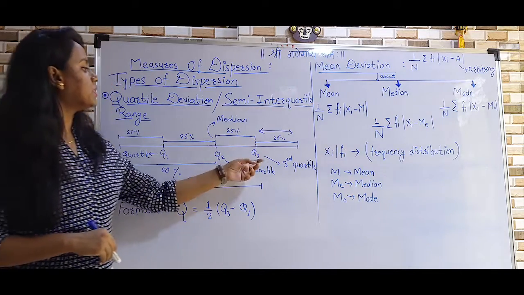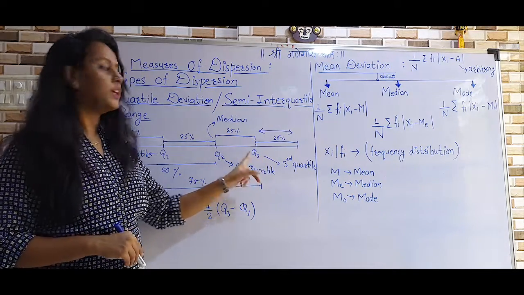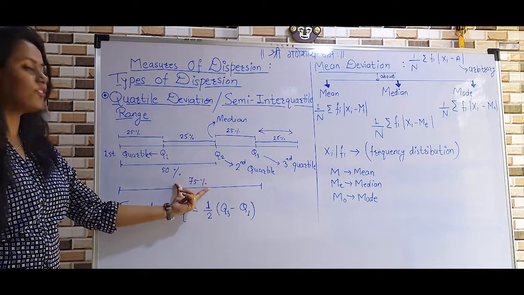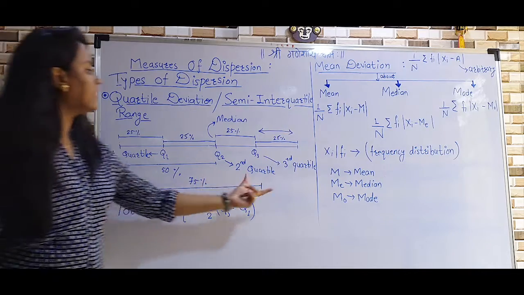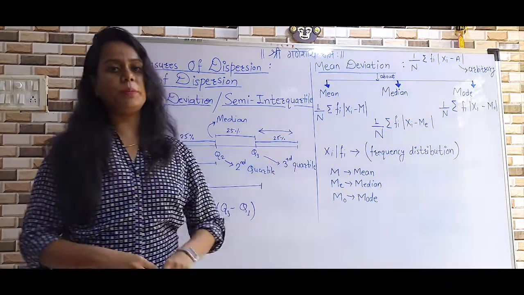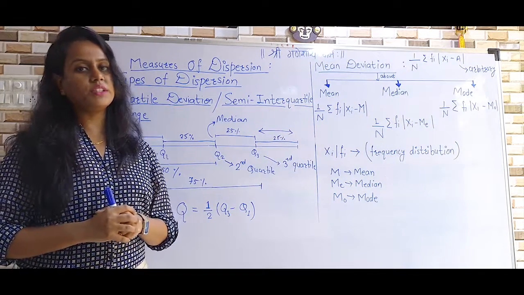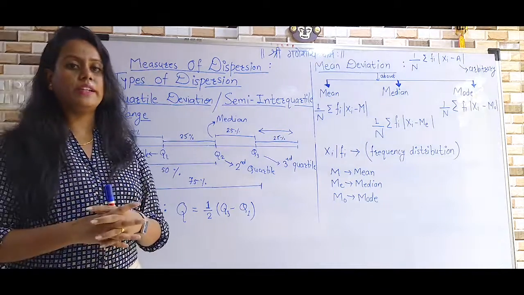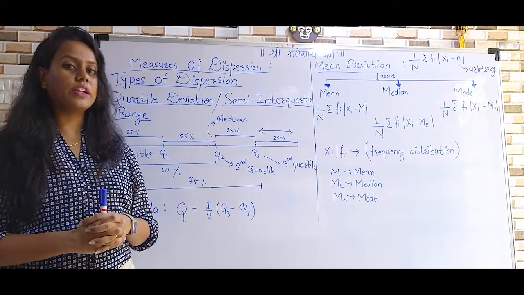Then the third quartile is Q3. From the start till Q3 there will be 75% of the observations, and from Q3 till the end there will be the remaining 25% of the data. Next question: how to calculate the quartile deviation?